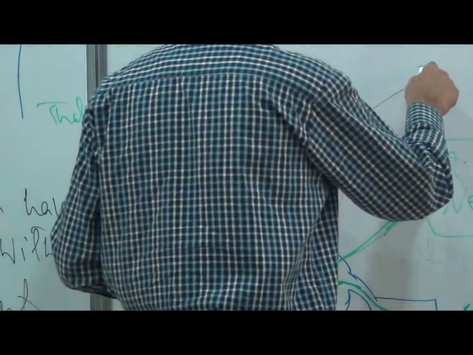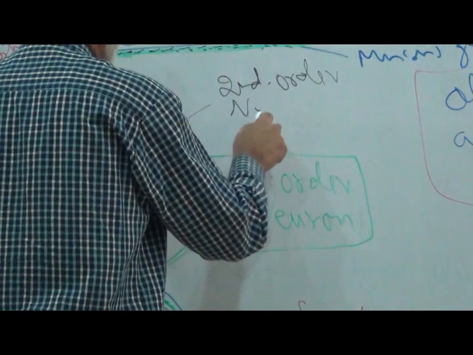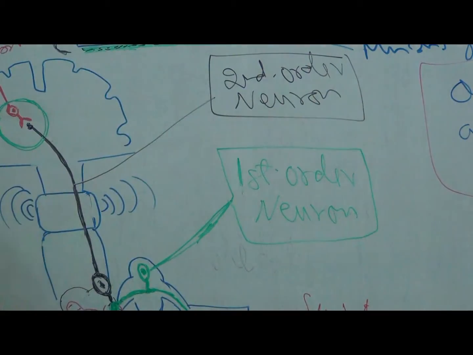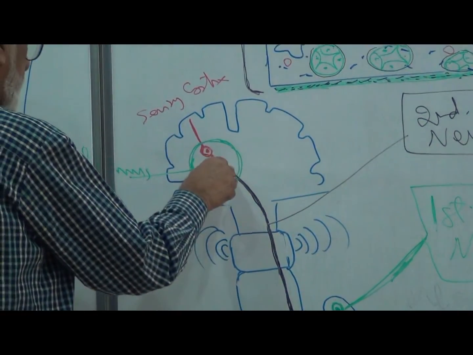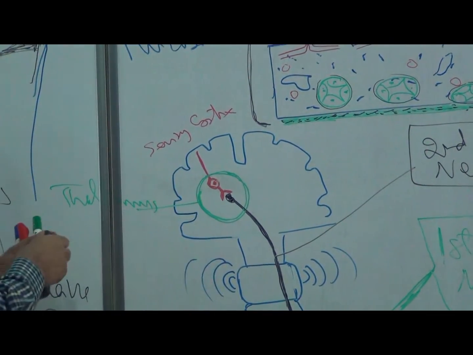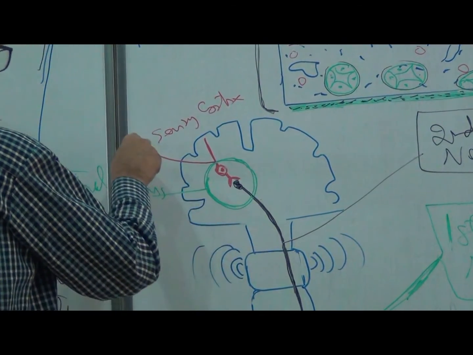This is the second order neuron in the sensory pathway, and this neuron relays in the thalamus. From the thalamus, a third order neuron starts, which relays in the sensory cortex.